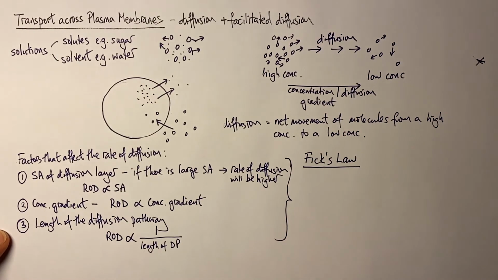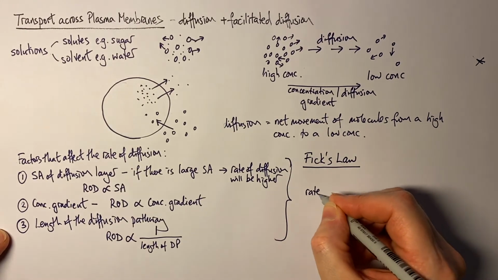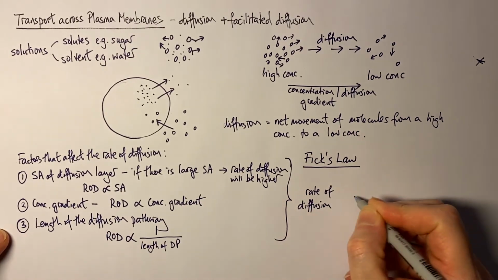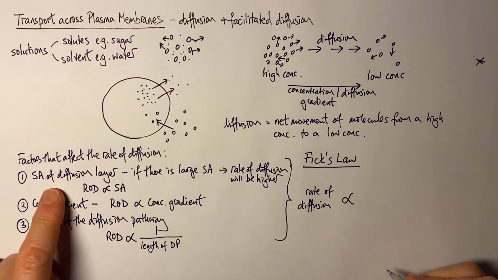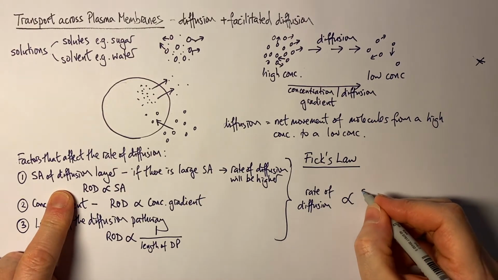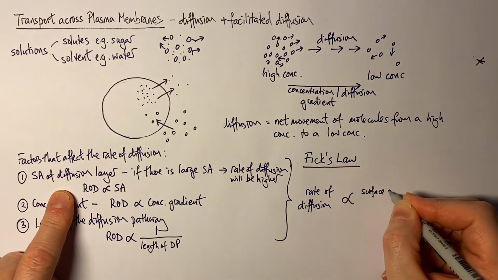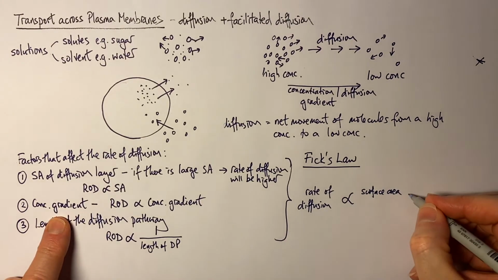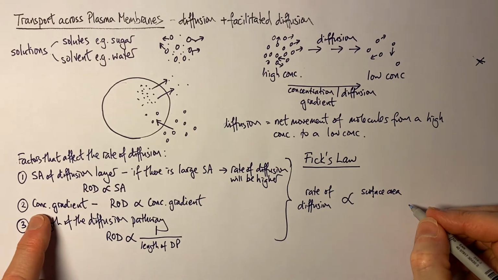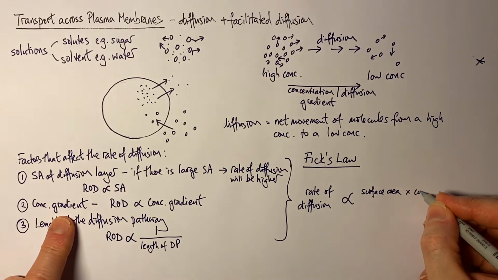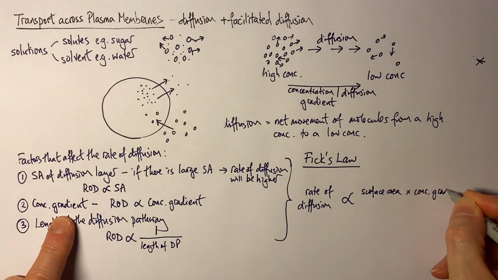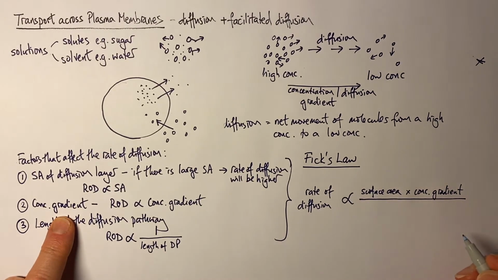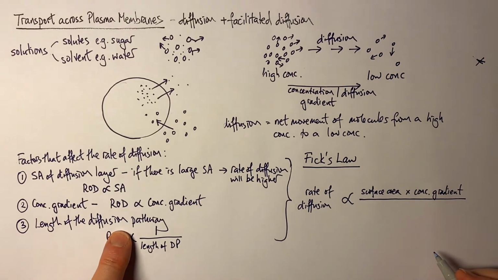And Fick's law is this, that the rate of diffusion is proportional to the surface area where diffusion is taking place. It's also proportional to the concentration gradient, so we can put times the concentration gradient all over the length of the diffusion pathway.